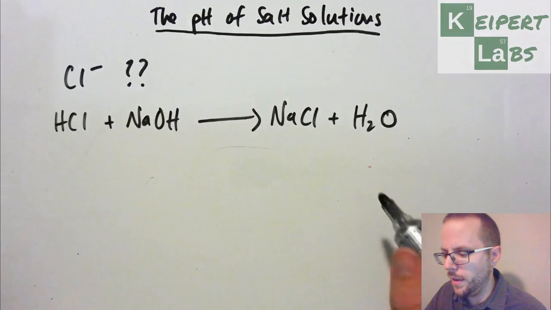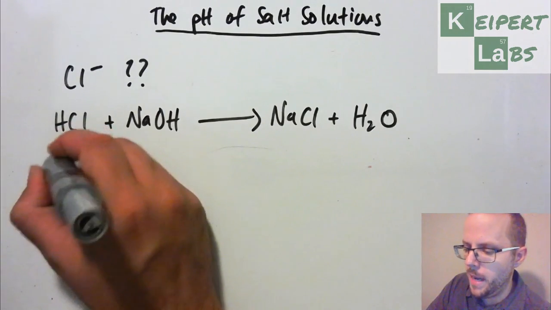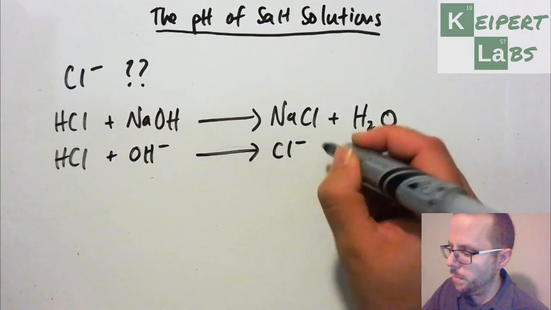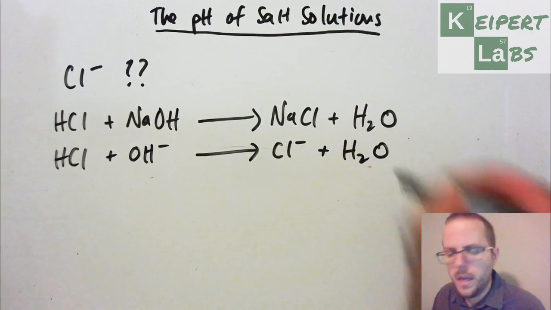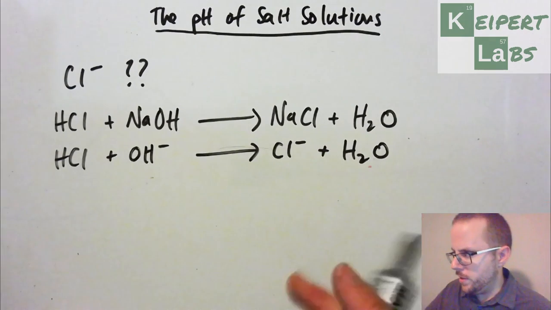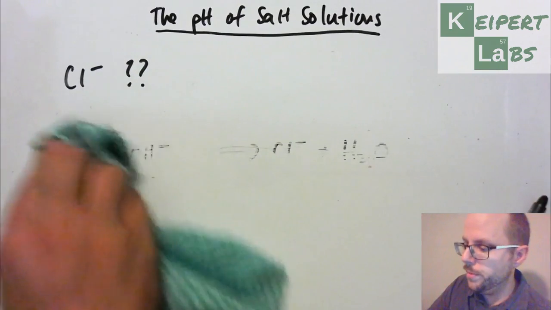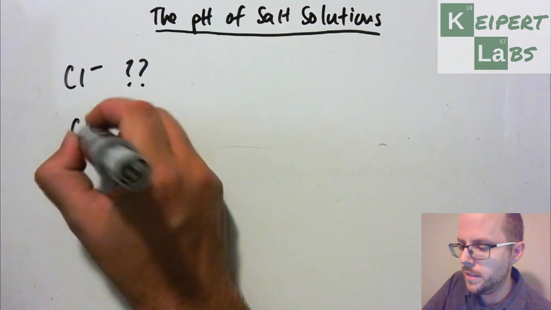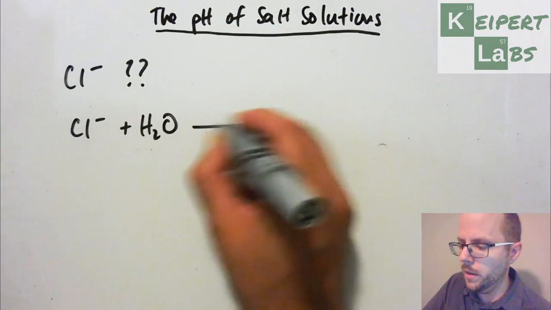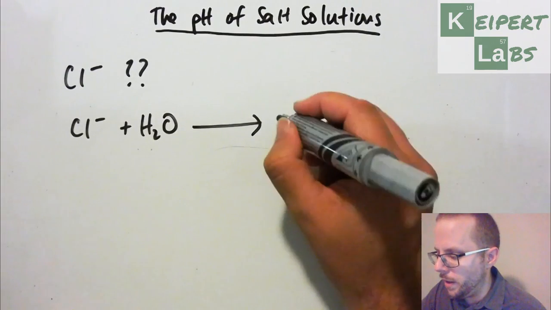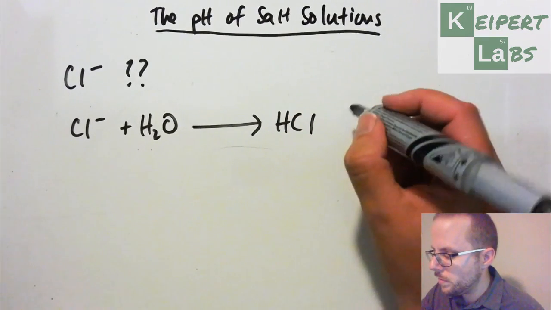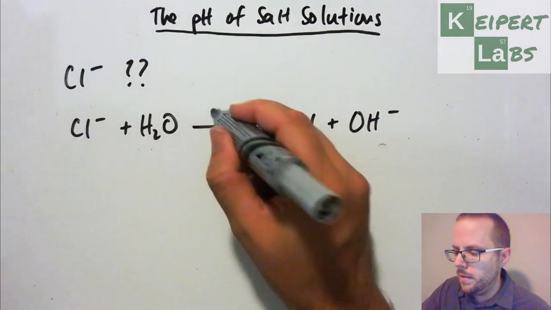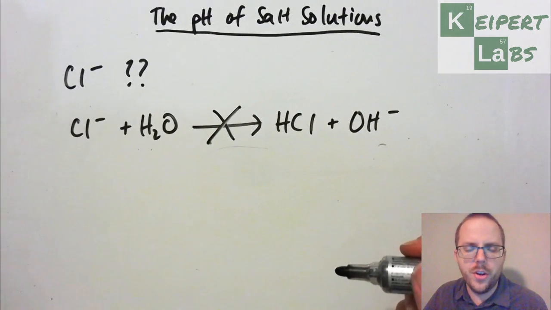Let's imagine we take out the sodium ion, so we get chloride plus water. That is accurate, but it's not helpful, because if we put the chloride ion in water and go back to do this, we'd form hydroxide, and aha, it's basic. But the reality is that on a practical level, this does not happen.